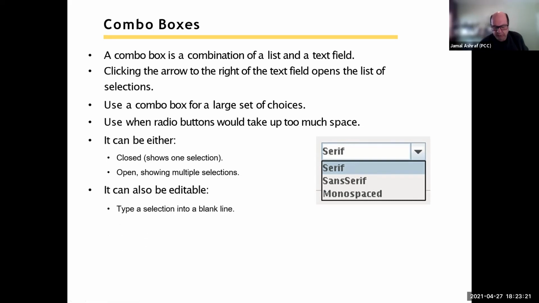It can be editable, so you can edit it, or you don't want to do that. So if you have a list that you want the user to add something to, if it's not there, you put the editable on. I would say the majority of the time it is off.